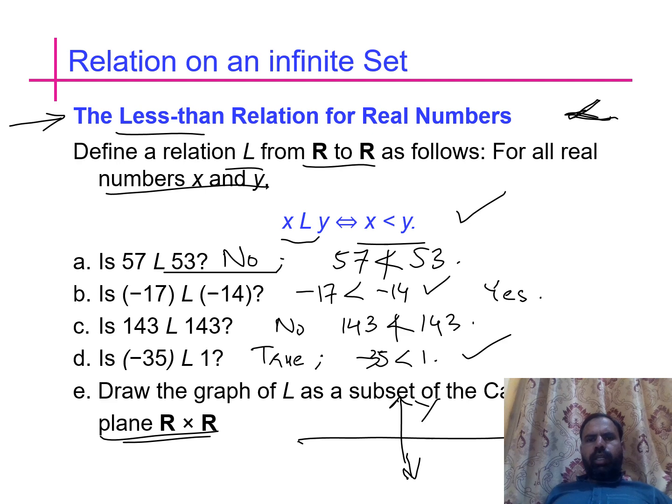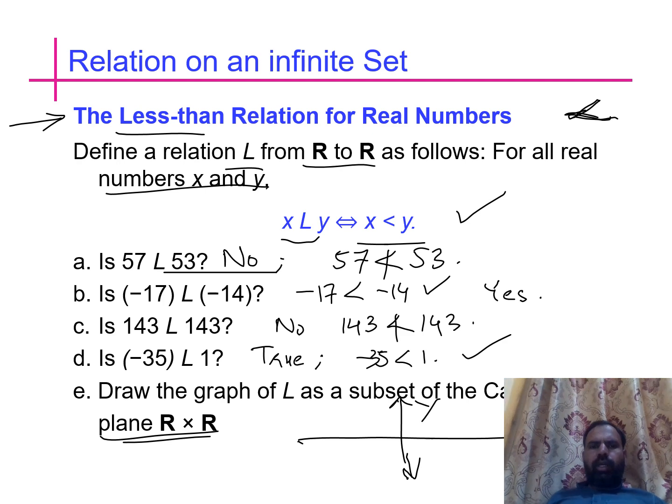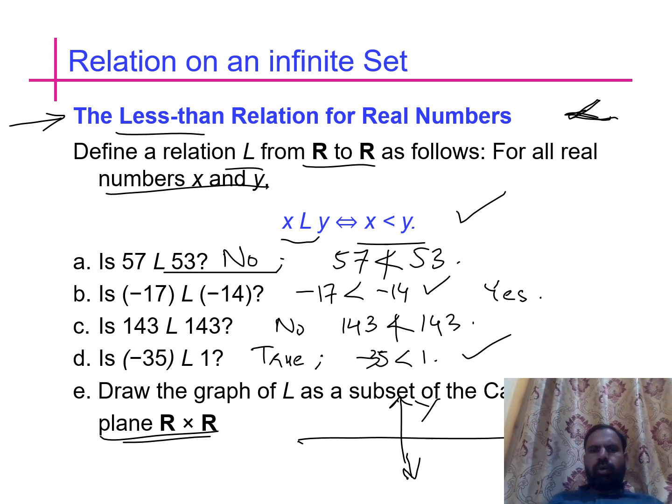Relations on an infinite set: the less than relation for real numbers. Define a relation L from R to R as follows: for all real numbers x and y, x is related to y if and only if x is less than y. Is 53 related to 57?